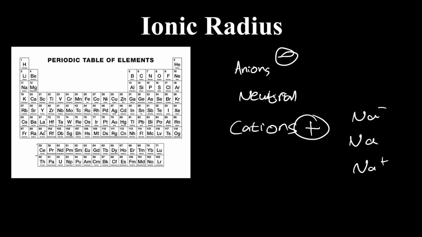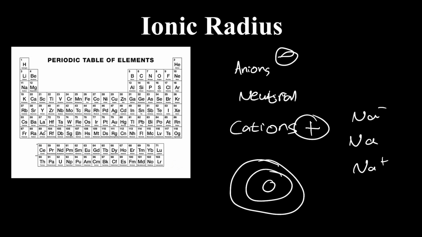Okay, think about it this way. When you're adding an electron, does it get bigger or does it get smaller? You're adding electrons, right? So it's going to get larger because you might be adding one more shell. There's going to be more repulsive forces between electrons, so it's going to be bigger because it's the same number of protons, because it's still sodium, but you're adding more electrons.